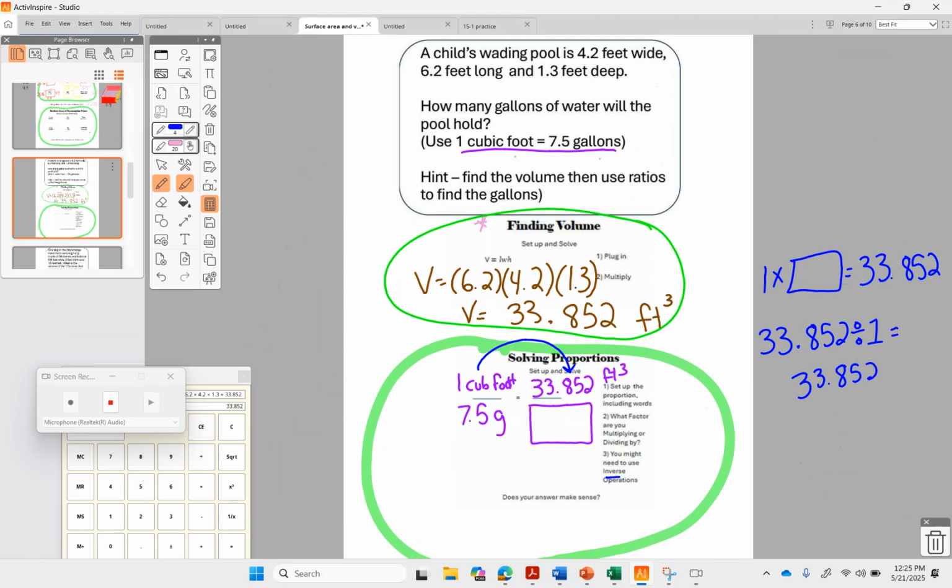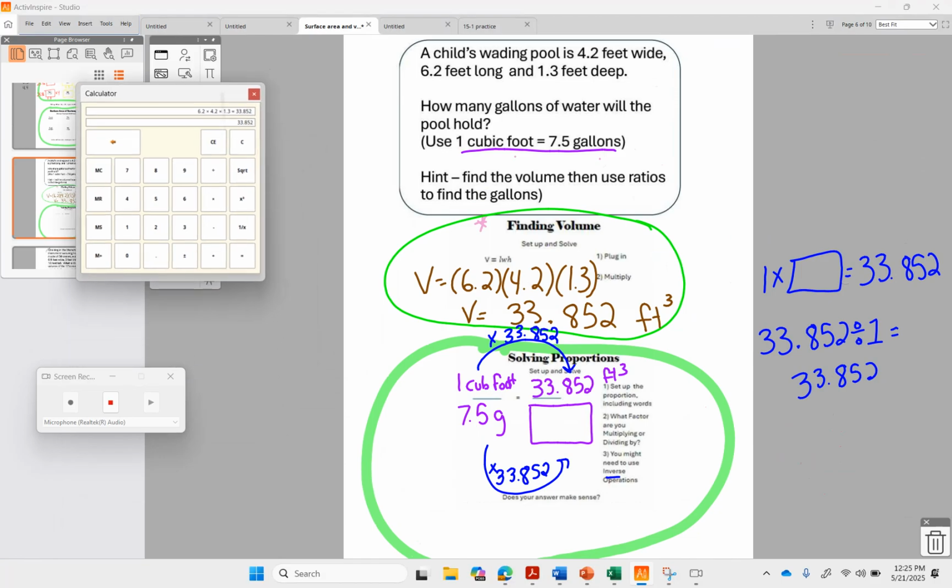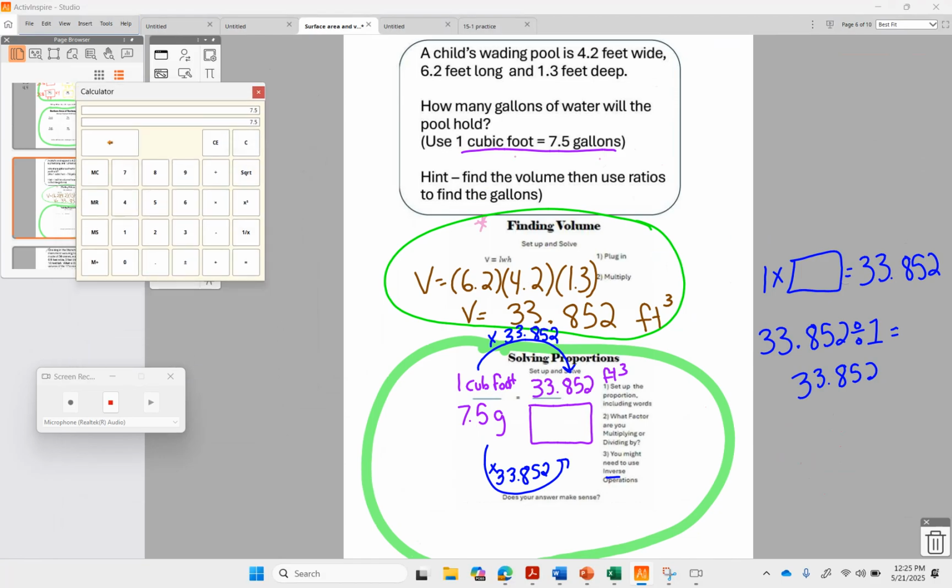So I am multiplying by 33.852. When dealing with proportions, whatever I do to the top, I do to the bottom. So I'm going to go 7.5 times 33.852 is 253.89 gallons. If I asked you to round it to the tenth, it's 253.9.